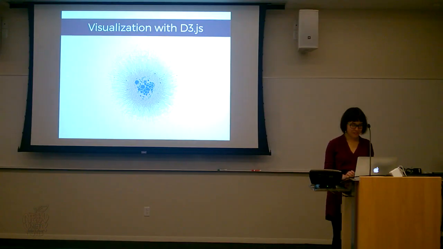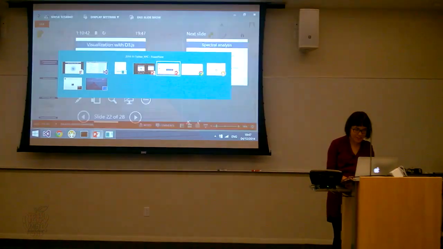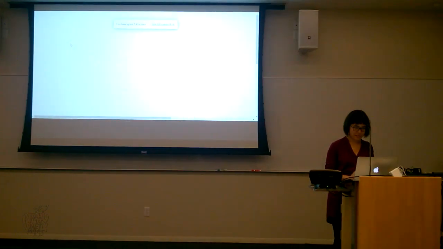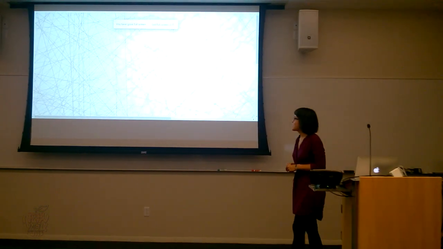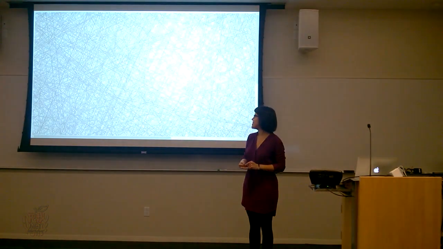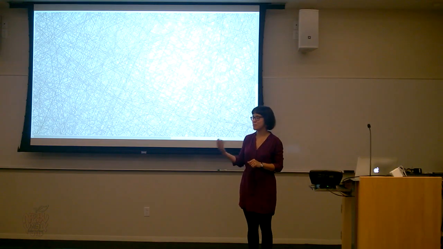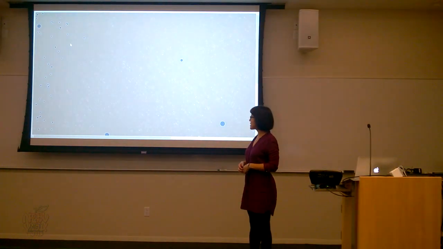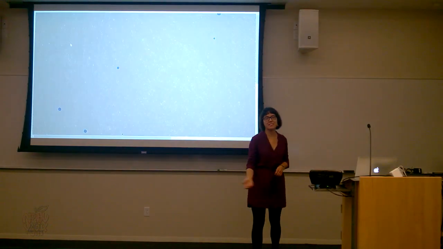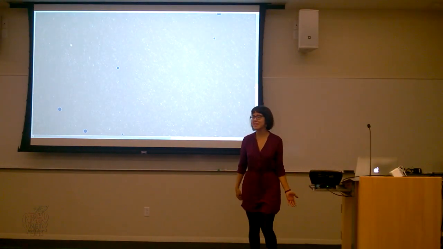Okay, and now I just wanted to show you how the network looks in reality. What I'm using is the D3JS library, which is very nice for visualizing any data in the browser. It's a JavaScript library, and because I saved my data in JSON format, I can just directly pass it into the library.